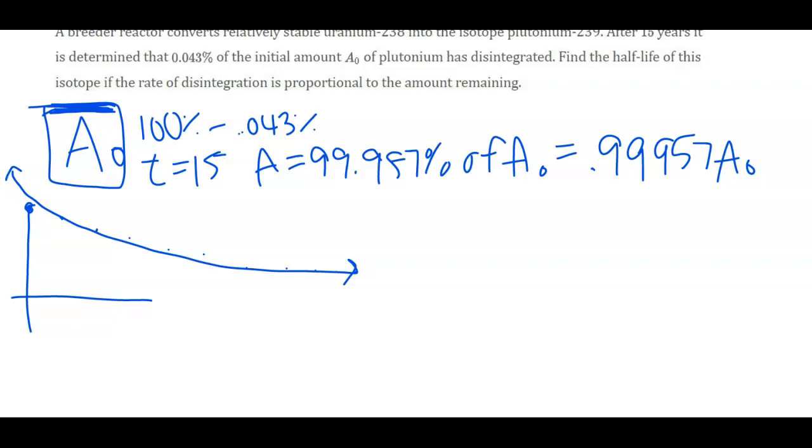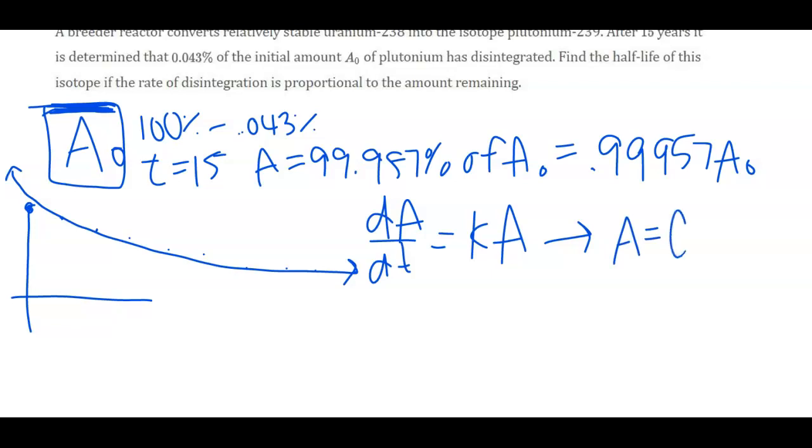Anytime you have growth rates that represent exponential decay or exponential growth, like we just looked at, we could say that dA/dt is equal to kA. And that will always give you that A must be equal to C e to the kt. Because this is exponential decay, we're going to find that k is negative here.